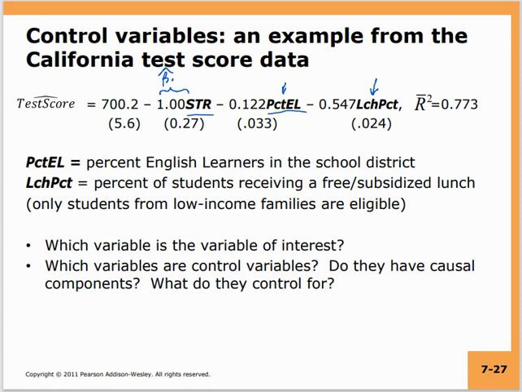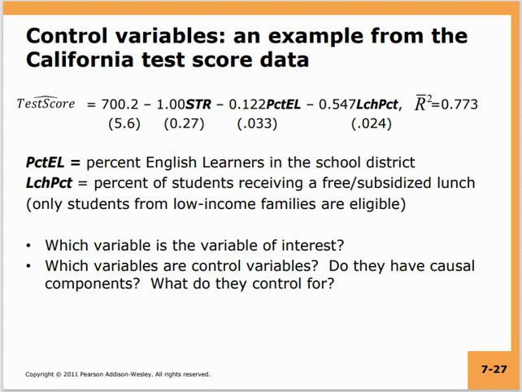So in some sense the lunch percentage becomes a proxy variable for the economic background of the students attending that particular school. Percentage English learners was a proxy variable for the number of people from immigrant communities, and lunch percentage is people coming from economically poorer backgrounds.